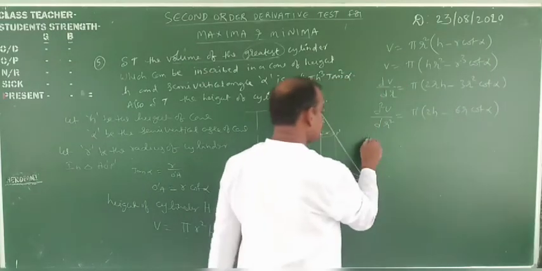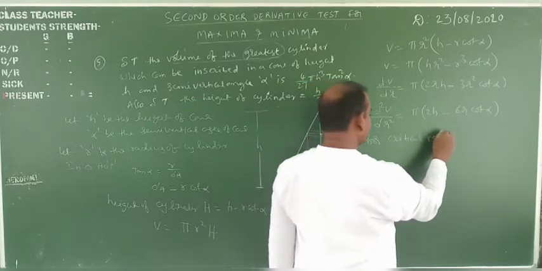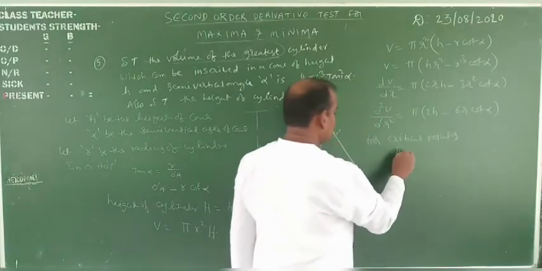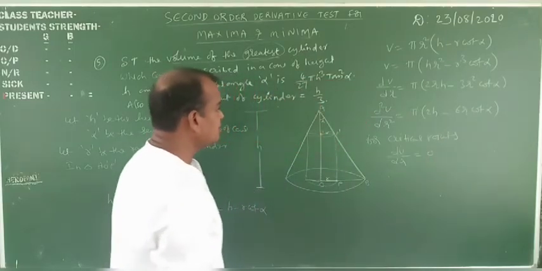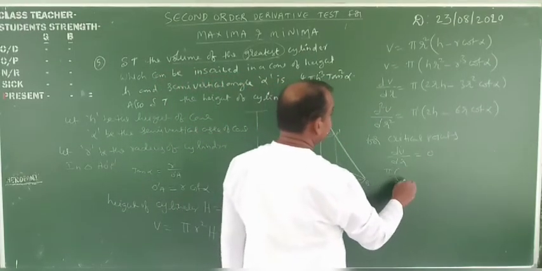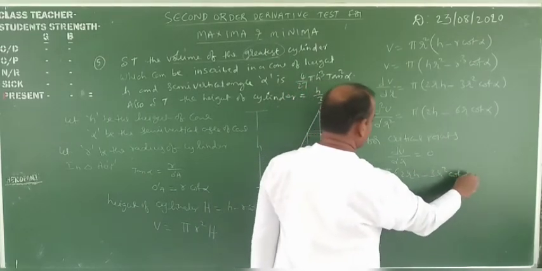For critical points, the first order derivative dV by dr is equal to 0. Volume is maximum means the first order derivative is equal to 0. Pi into 2rh minus 3r square cot alpha is equal to 0.